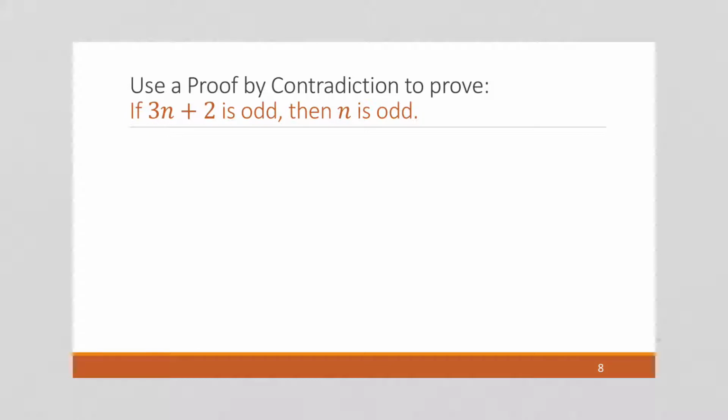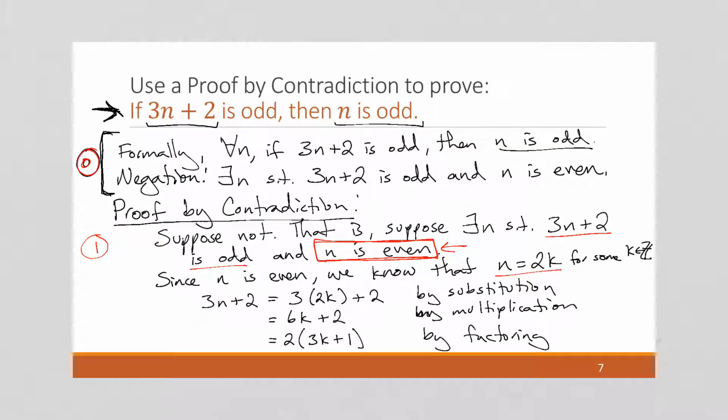So what did we have here? This is a continuation, but we had that 3n plus 2 was equal to 2 times 3k plus 1. Right, we started with 3n plus 2, and we concluded it's equal to 2 times 3k plus 1.